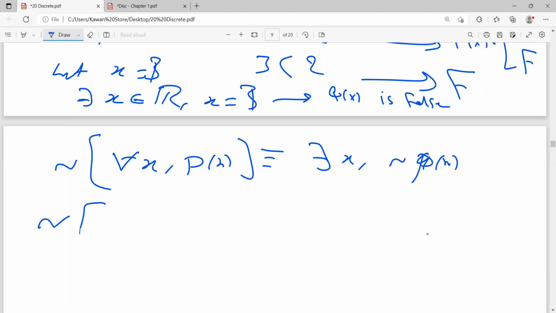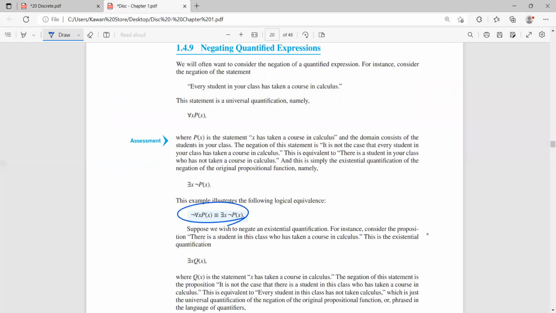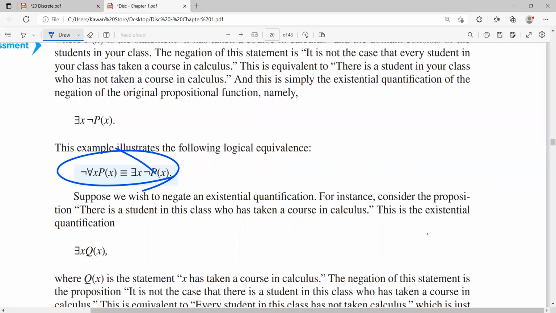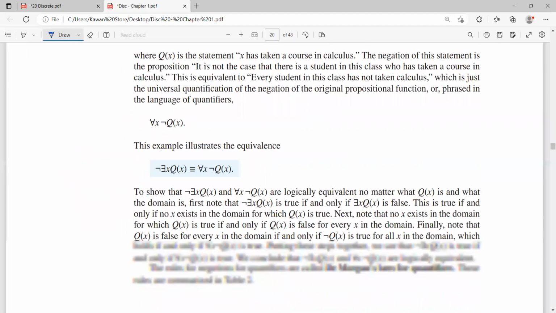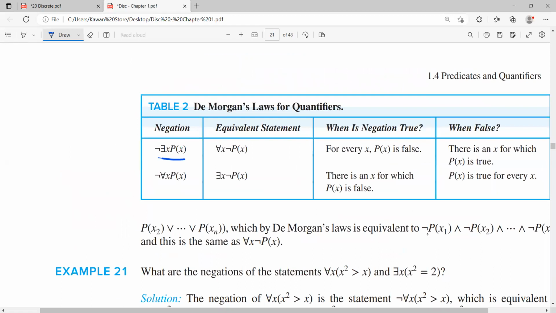How about the negation of there exists x, p of x? We say it is equivalent to for all x, negation of p of x. Understood, dears? That one is called negations of quantifiers. Clear? Good. Question till here? Just look at them.